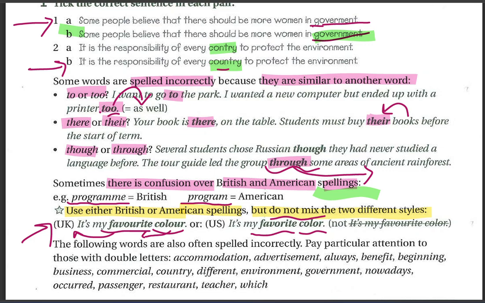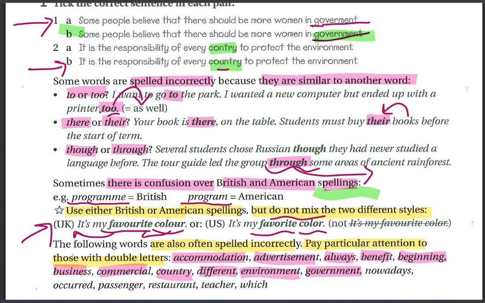The following words are also often spelled incorrectly. Pay particular attention to those with double letters. So please highlight this part in your books and try to memorize them. So accommodation, advertisement, always, benefit, beginning, business, commercial, country, different, environment, government.